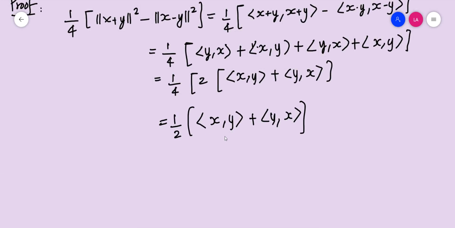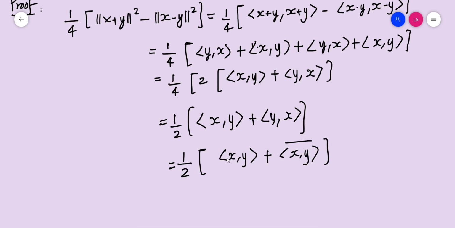Now we have defined this on a complex inner product space, so inner product yx by definition can be written as the conjugate of inner product xy. So this is actually 1 by 2 times inner product xy plus inner product xy conjugate. For a complex number, a plus a conjugate is equal to 2 times the real part of a.